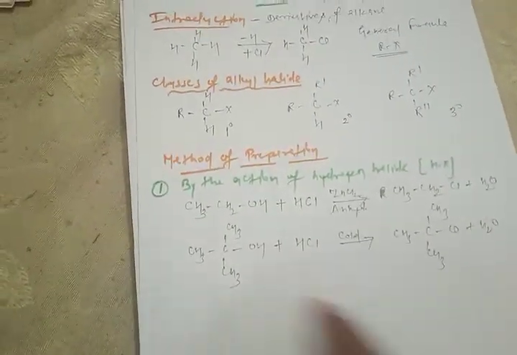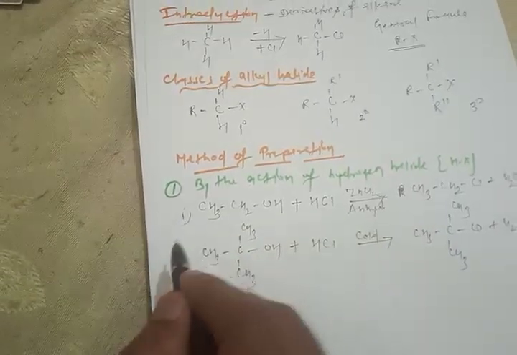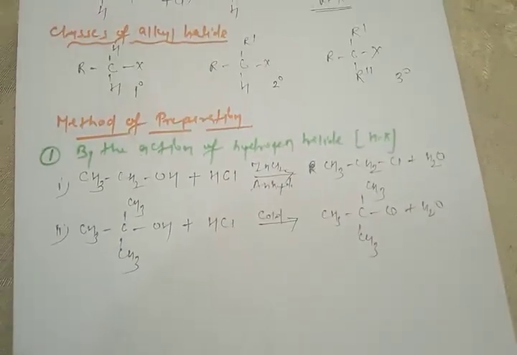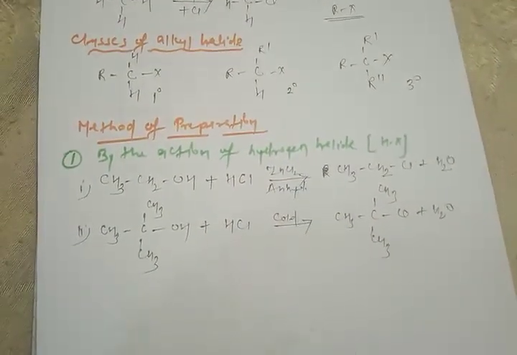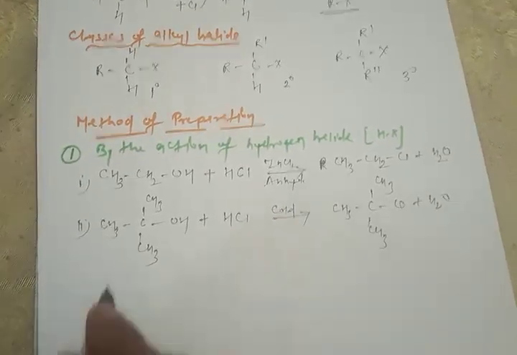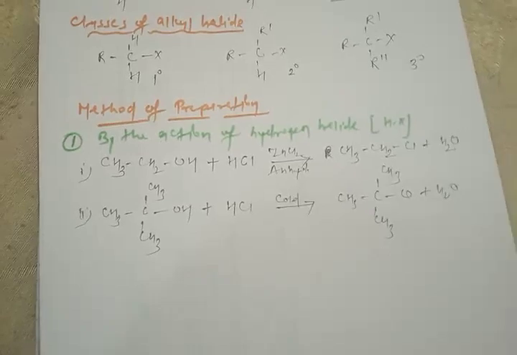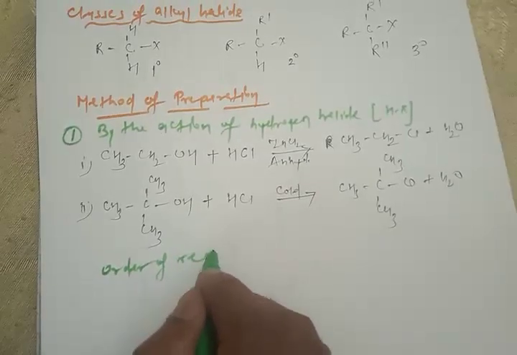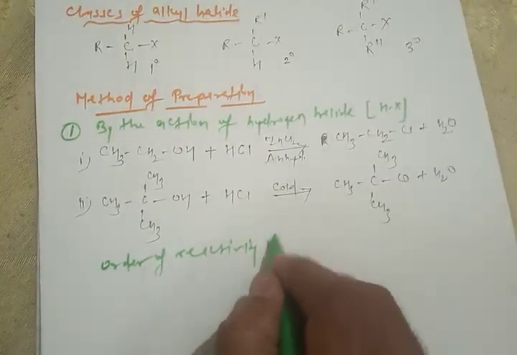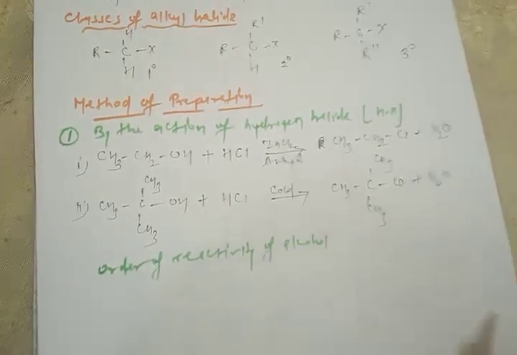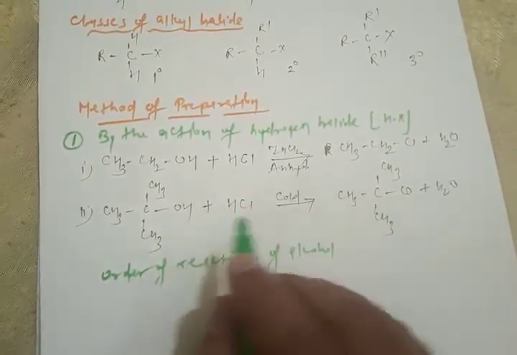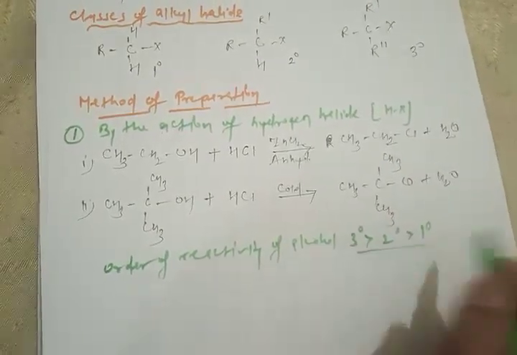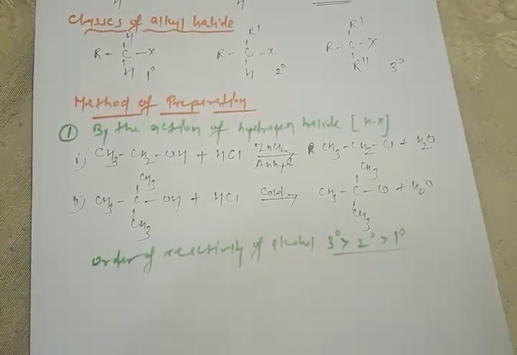Now what do these two reactions say? These reactions clearly tell you the order of reactivity of different alcohols. So what is the order of reactivity of alcohols? The third degree alcohol will be the quickest. So third, second and first, this is the order of reactivity in case of hydrogen halide.